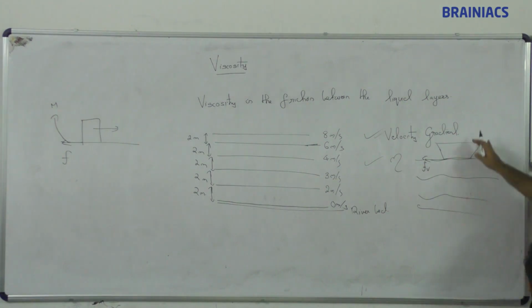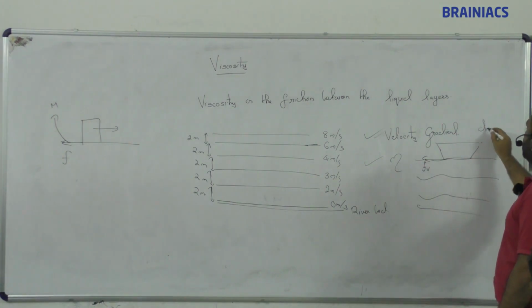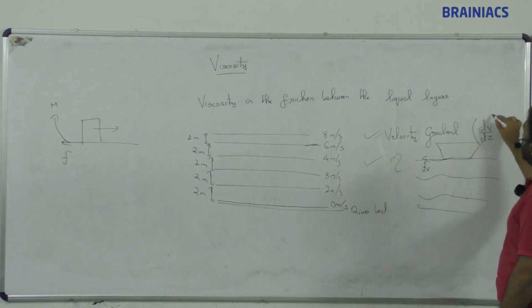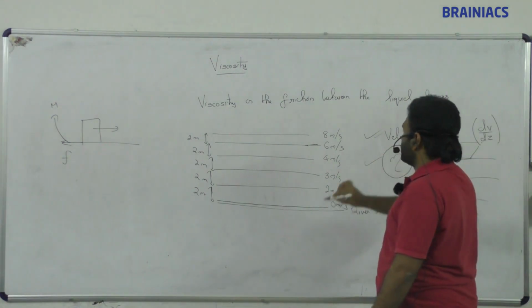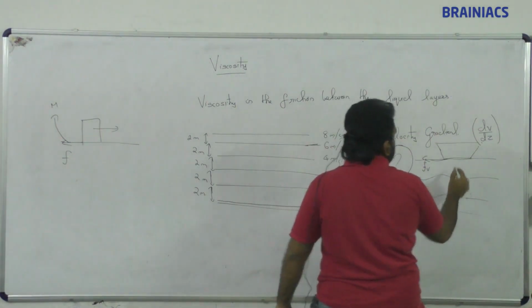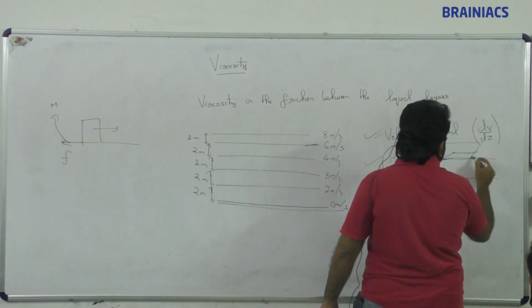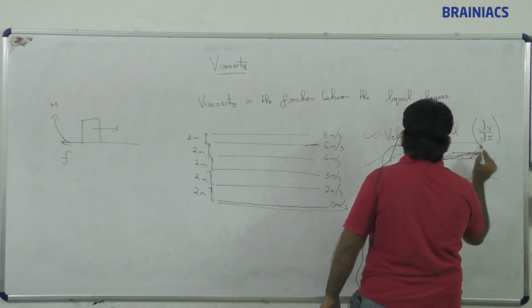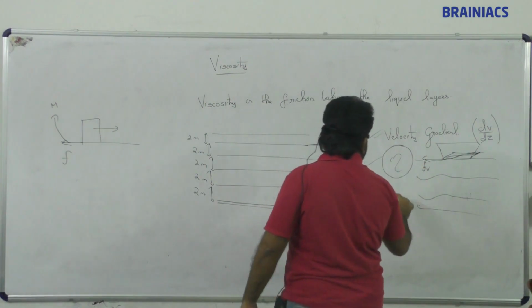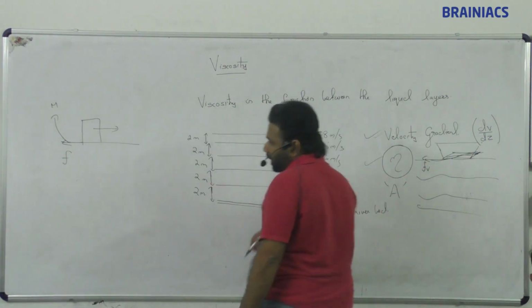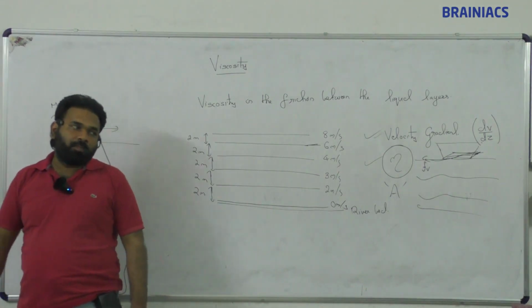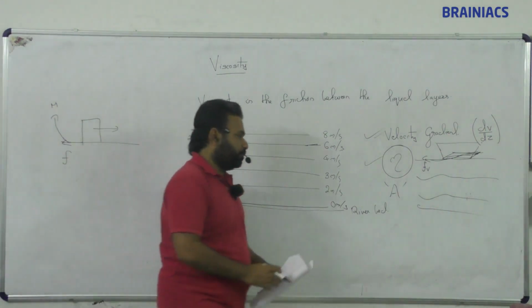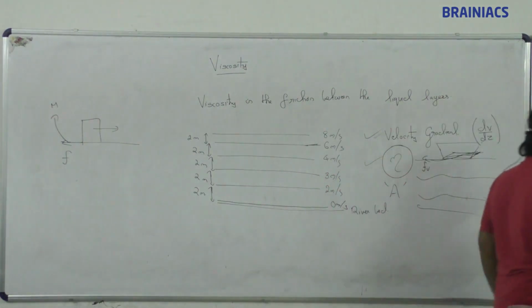So this velocity gradient we say dv by dz. Velocity gradient is dv by dz. This is coefficient of viscosity. Then as I said, the area of the body which is in contact, all these things decide the force of viscosity, viscous force we say.